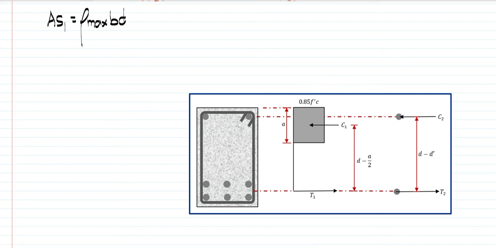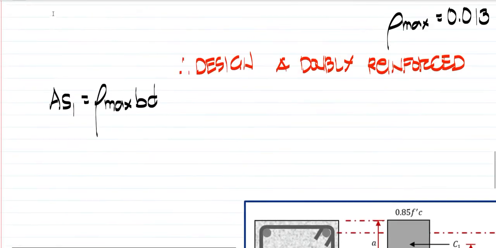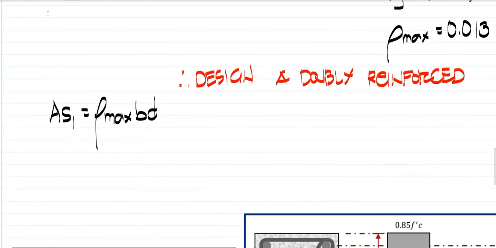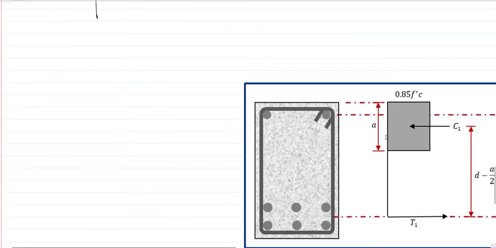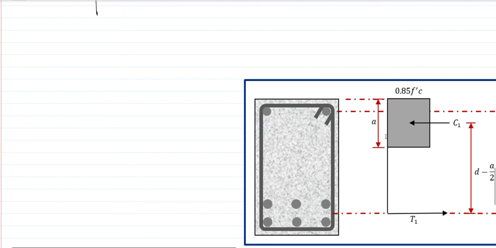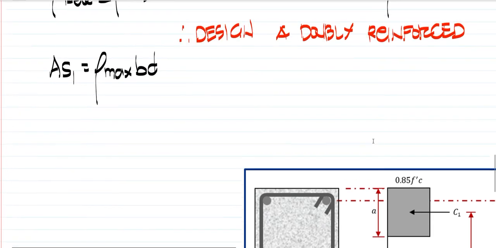And we take a value na kapag rho required is lesser than or equal to rho max, nandun kasi yung part na equal. So, ibig sabihin, we take it as singly. And yung first diagram or first stress diagram ng ating doubly reinforced beam is corresponding to a singly reinforced. So, valid yung paggamit natin ng maximum steel ratio for the first steel area.